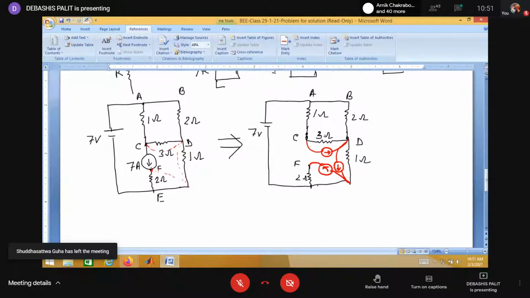So that is C point to D point to this point. Say I can mark this point G. This is G point. This is your E point.